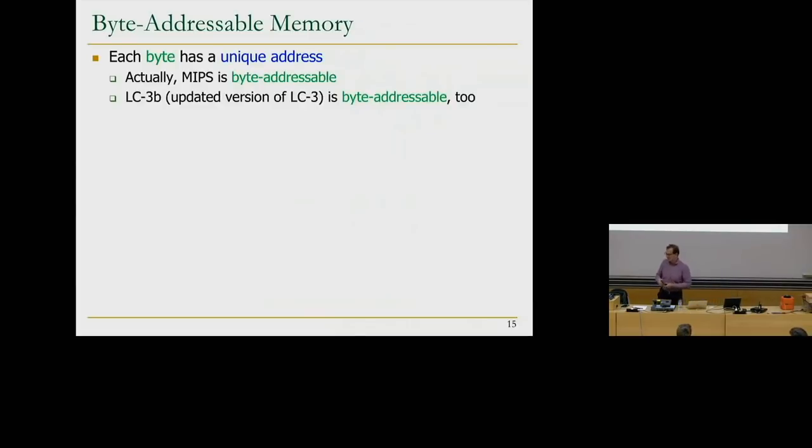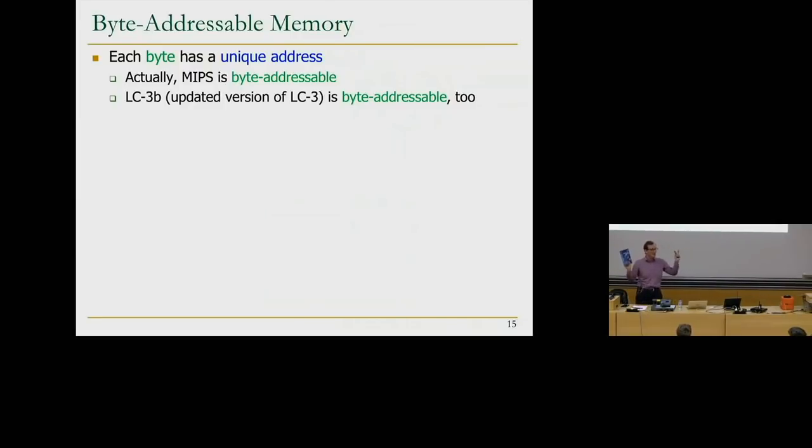In fact, a very good example of this is the instructional ISA LC3, Little Computer 3. Little Computer 3 in this book is really word addressable. But later, the authors of this book found out that actually it's good to have byte addressable memory because people operate on bytes. Programmers need to use bytes because there are elements like pixels, for example.